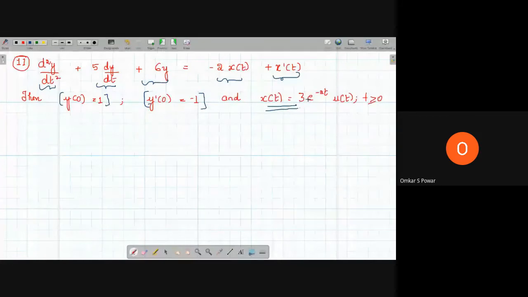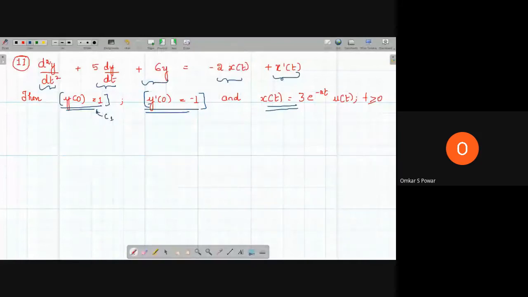Again we have to calculate the natural response and also the forced response. Always remember, when this particular clue is given, like y of 0 or y dash of 0, you have to find the value of C1 and C2.